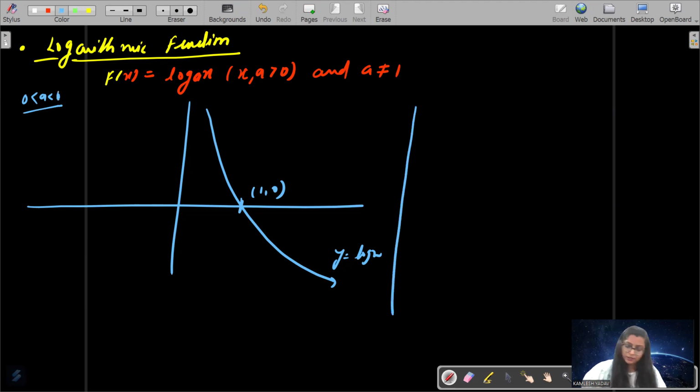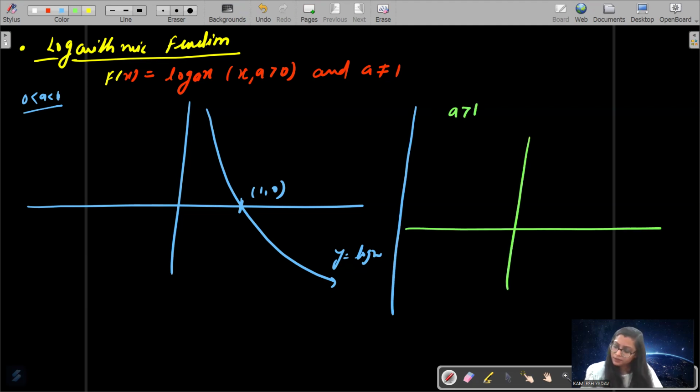And when a is greater than 1, the graph of log x is like this, with y equal to x. This point is (1, 0).